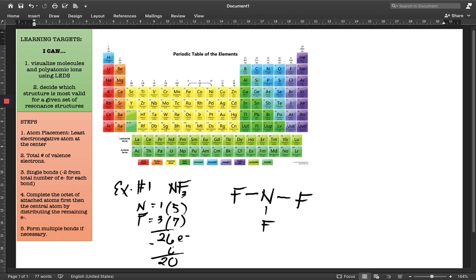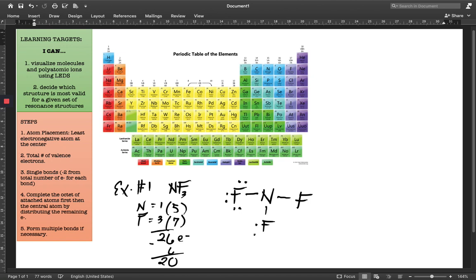Those 20 electrons will now be distributed first to the attached atoms so that they can complete their octet. Take note that in this fluorine, there are already 2 electrons being shared by nitrogen and fluorine. So in order to form an octet, this fluorine atom will need 6 more electrons: 1, 2, 3, 4, 5, 6. The same thing with the other attached atoms.